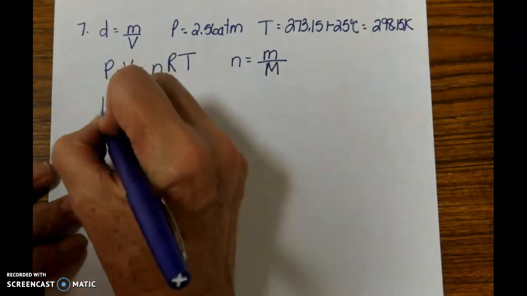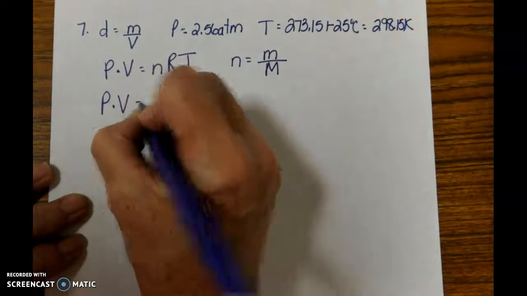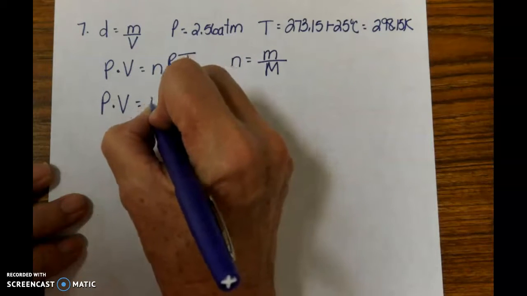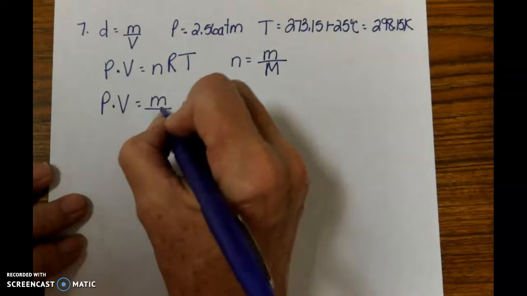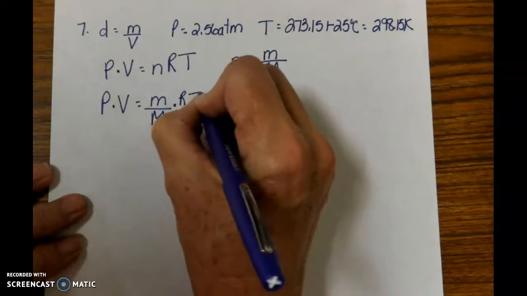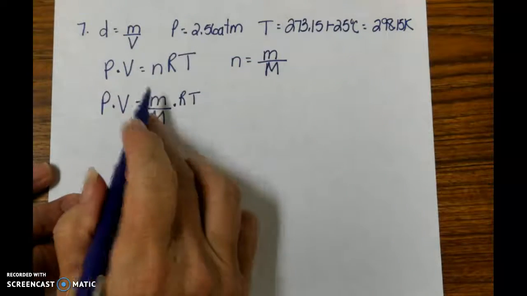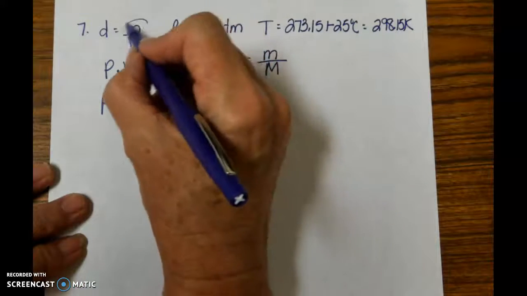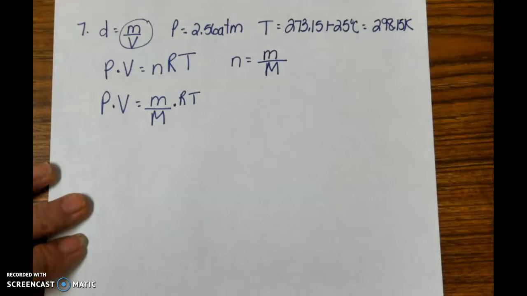So I'm going to plug that in. PV is equal to little m divided by big M times RT. All right, really what I'm shooting for is trying to get m over V by itself, because that's density.